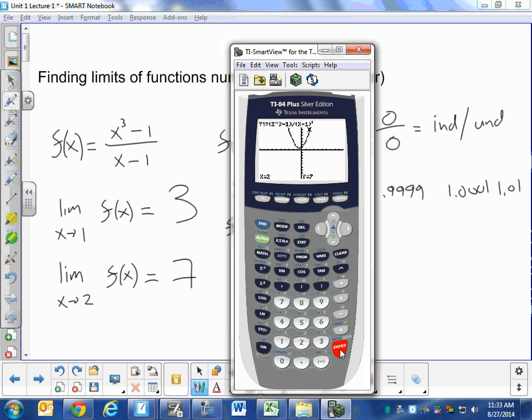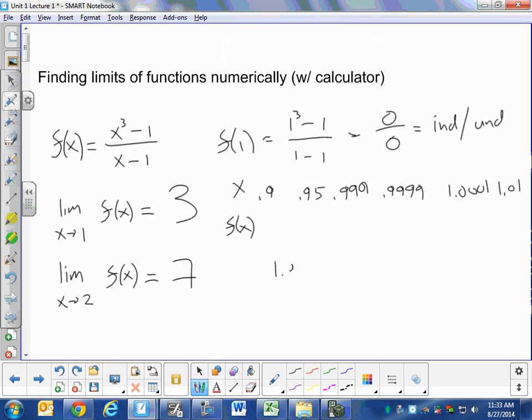I just plug in 2. I find out the function is defined at 2. It's equal to 7. And so that means we must be approaching 7 from the left and the right. You could have done the process of plugging in 1.9, 1.95, getting closer and closer, but it's just not necessary in this case because the function value exists. Any questions about that?